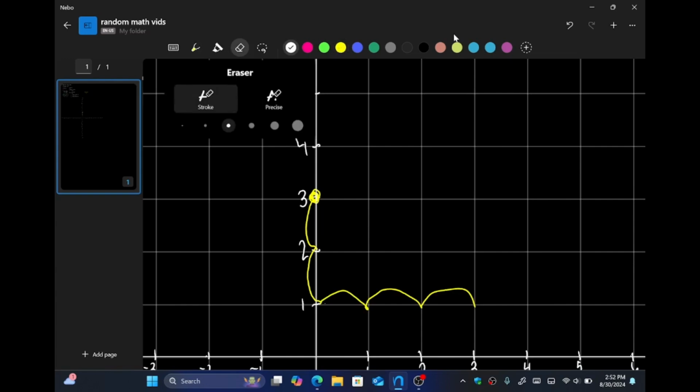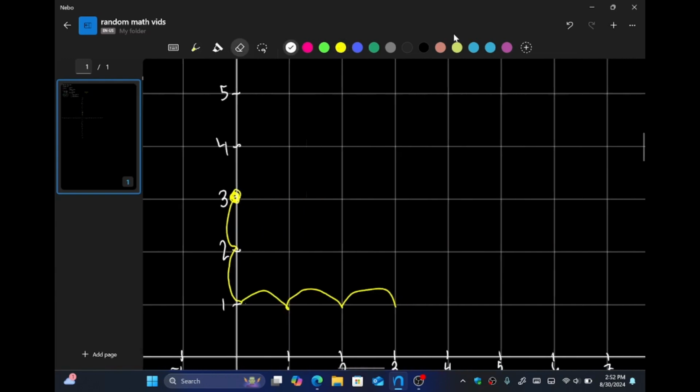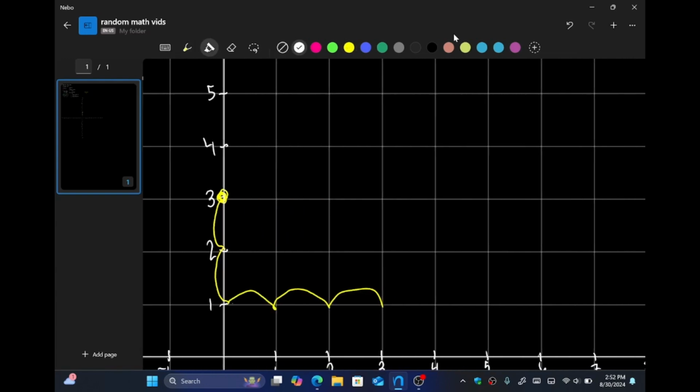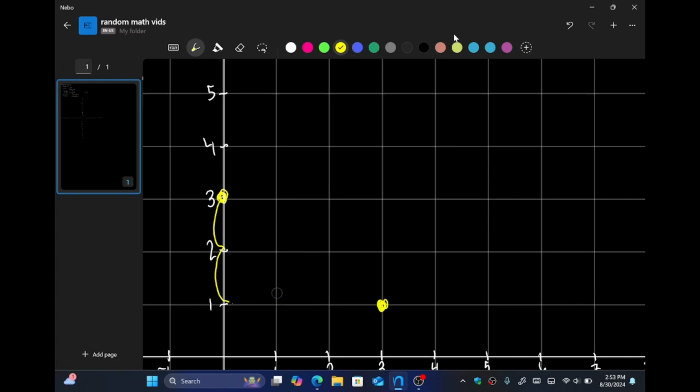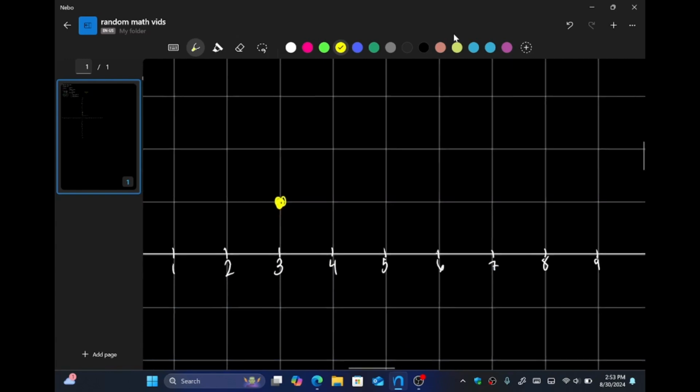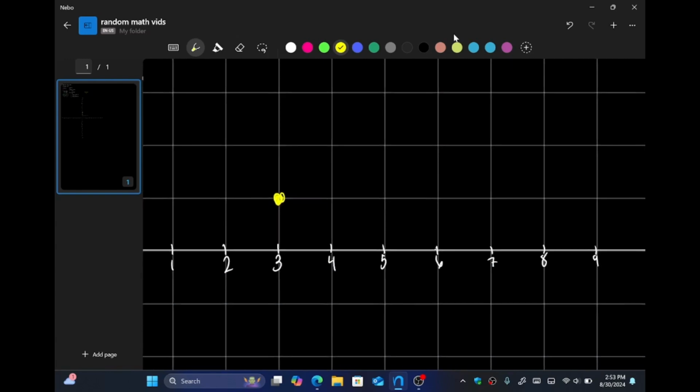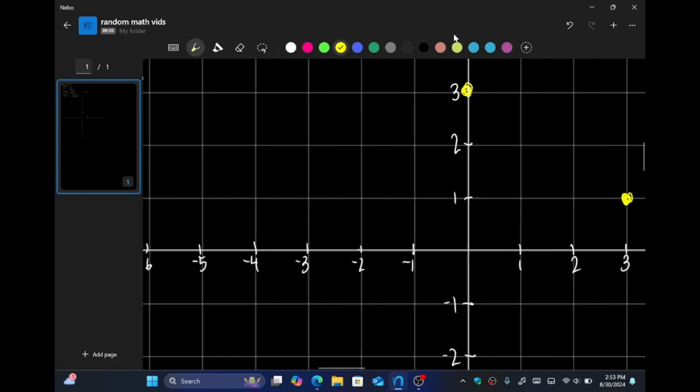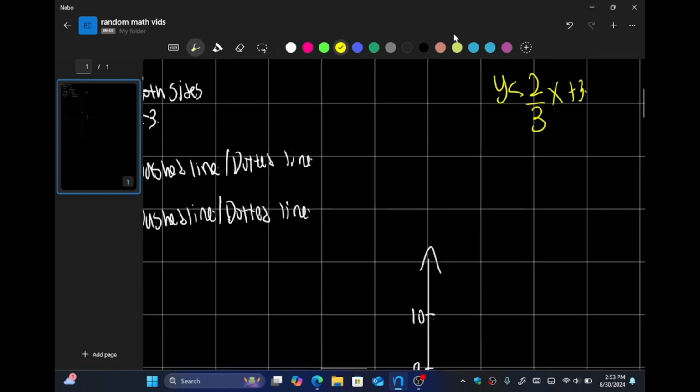So this is going to be our second point here, right? And then let's do it again. Remember, the slope just means rise over run. So we're going down 2 and to the right 3.